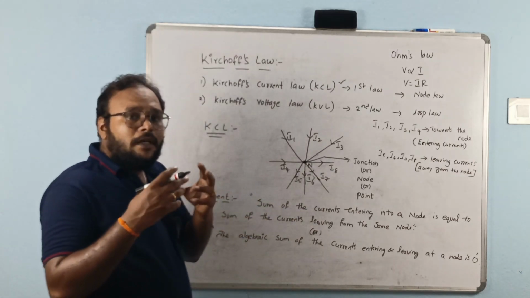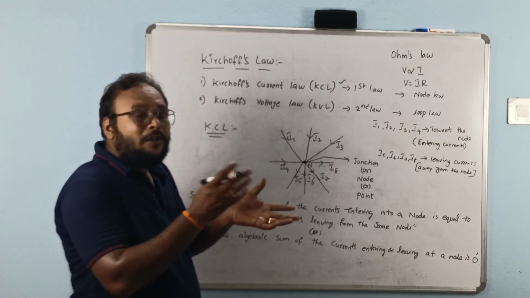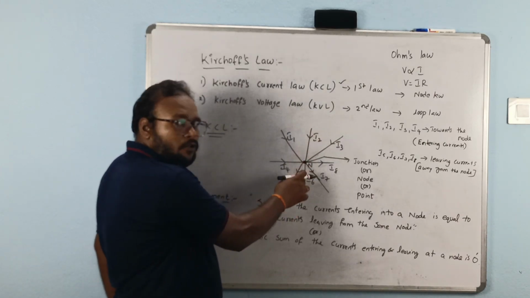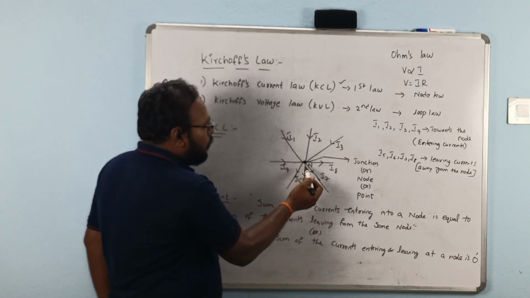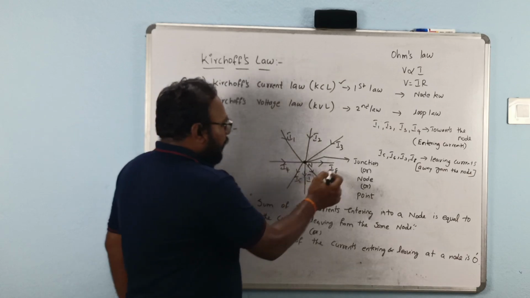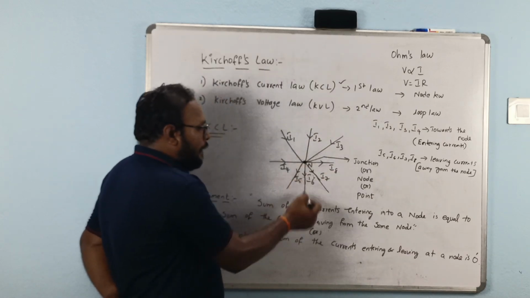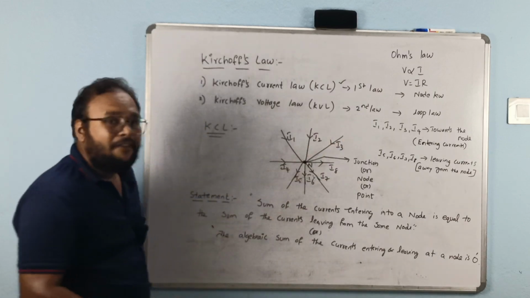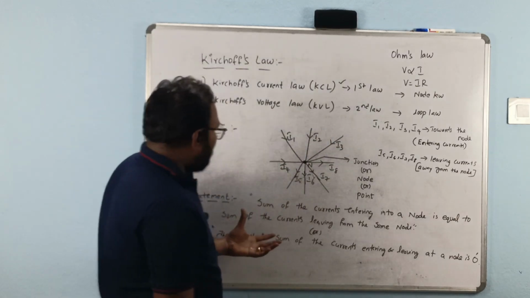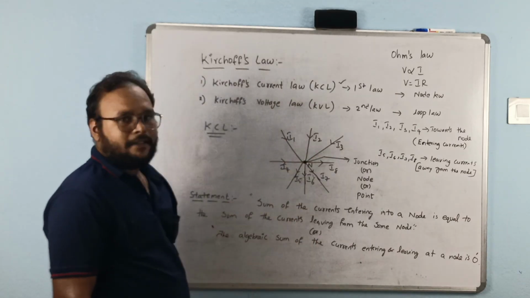We consider the direction of the arrow marks given to the branches. The arrows of I1, I2, I3 and I4 are towards the node, while I5, I6, I7 and I8 are away from the node. Now let us satisfy these statements with these currents.